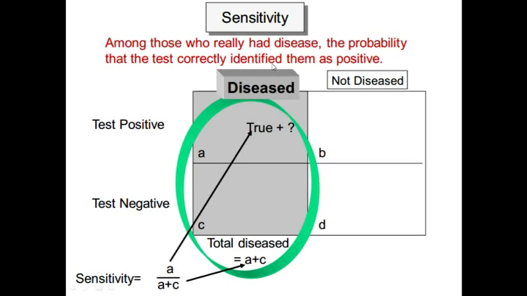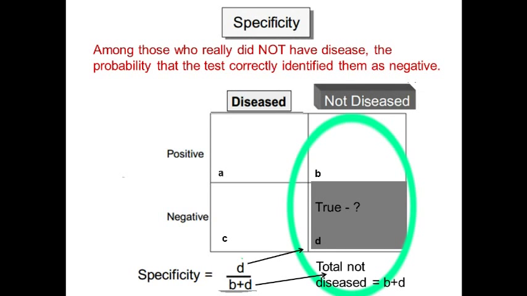Okay. Now we move on to specificity. Specificity focuses on correctly classifying the truly non-diseased individuals. So it is the probability that all those who are not diseased are actually classified as negative on your screening test. This is the relevance of understanding specificity.